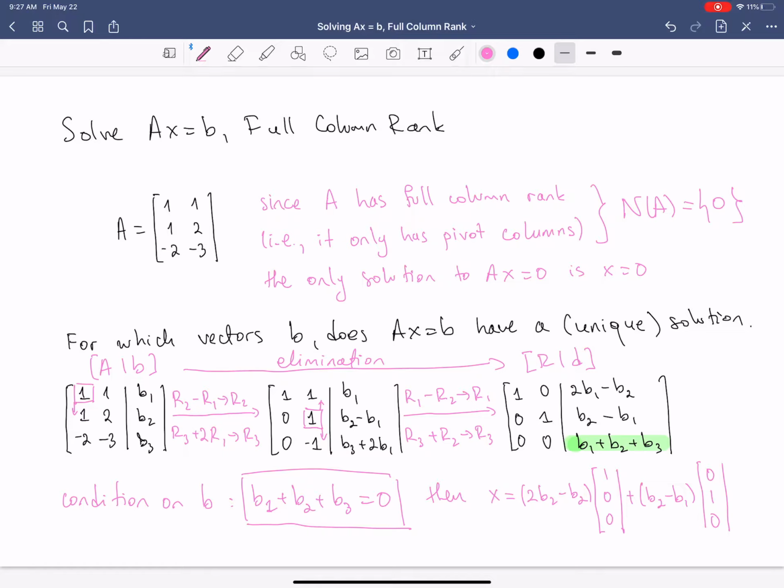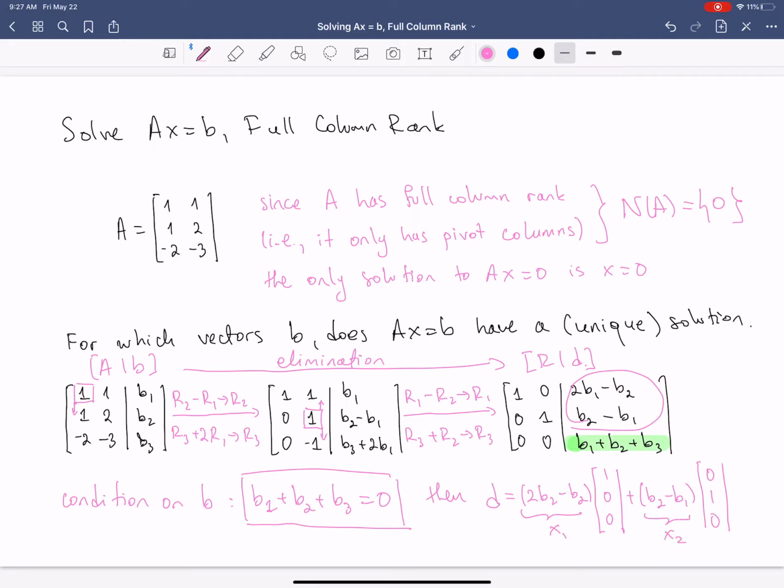So the solution is the first two components of the vector D. Sorry, I think I made a mistake here. It is true that this is what D is, but that means that this is x1 and this is x2.